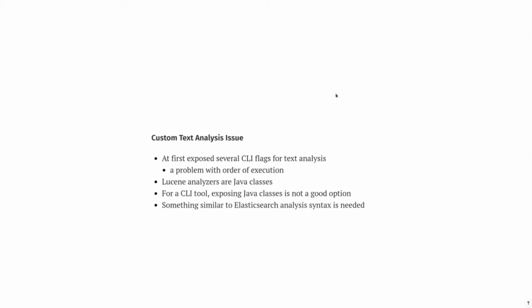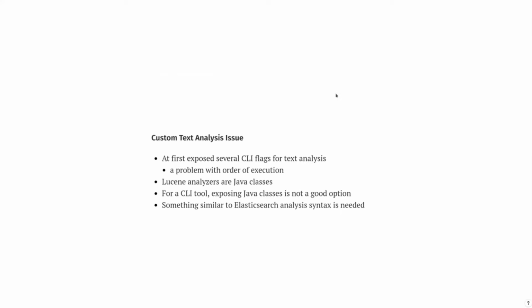Okay, so what's the trick about this text analysis thing? When I first hacked the Lucene-grep, I exposed a couple of flags for text analysis. For example, which stemmer should I use? Should I use the English stemmer or should I use the German stemmer, etc. However, it was very limiting in terms of what kind of analysis pipeline could be built out of those couple of flags.